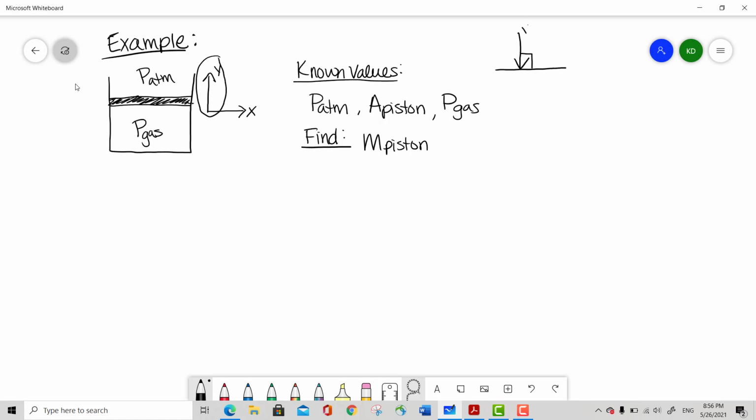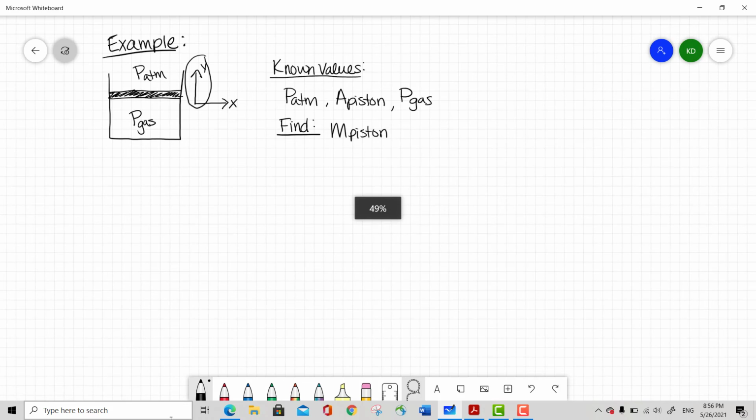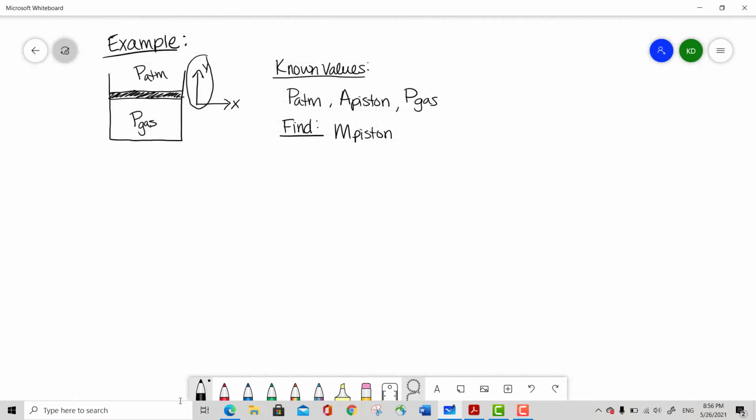I'm talking about this being in the y direction, and if the pressure was coming in from the sides, then that would be pressure coming in on the x-axis. So when I denote y like this, that means normal to. Okay? And so what is this piston doing here? We've got the pressure of gas going up.